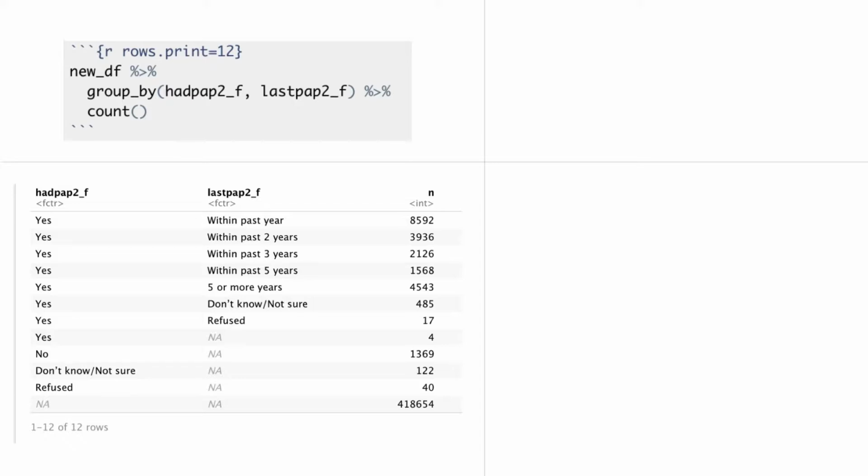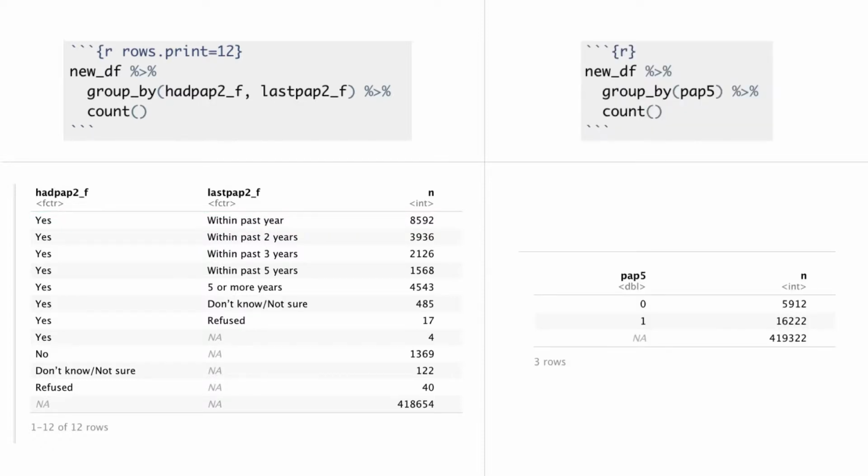It's just more efficient to display the data in this way when there are a lot of categories, but it's the same counts you would get from a cross tabulation in a grid layout. For example, this first row tells us that there were 8,592 participants who answered yes to had Pap2 and within past year to last Pap2.